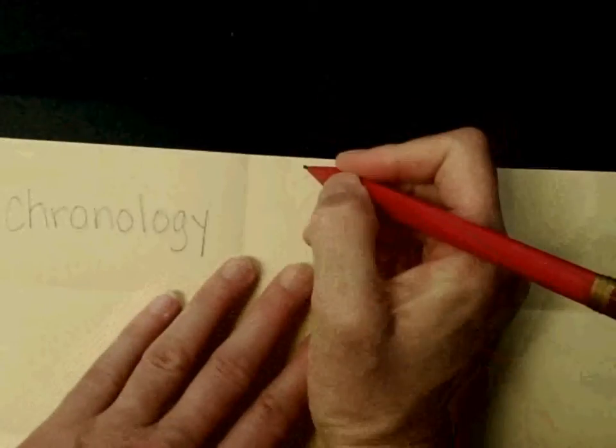And chronology means, let me take off my keys, they're rubbing.